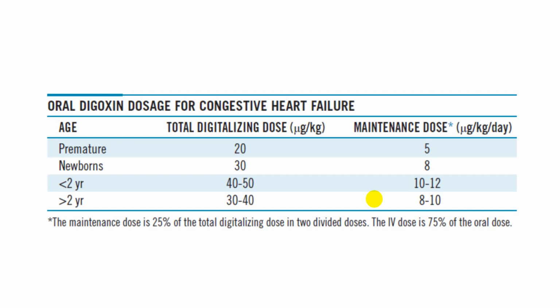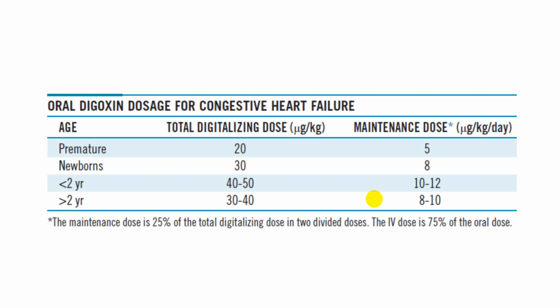For example, if the total digitalization dose is 100 mic, then 50%, 50 mic, can be given as the first dose at time 0. After 6 to 8 hours, up to 12 hours, give the second dose, which is 25% of the total, so give 25 mic IV.